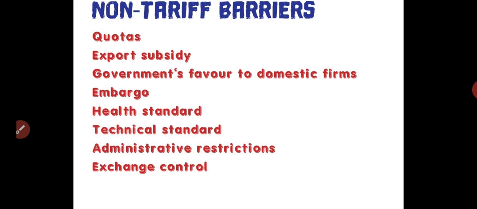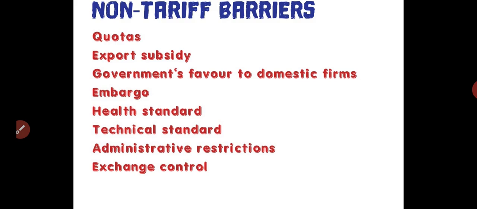India may restrict the import of pairs of shoes to 100,000 a month, or a year, or a quarter. So this is a kind of restriction, a kind of quota system.